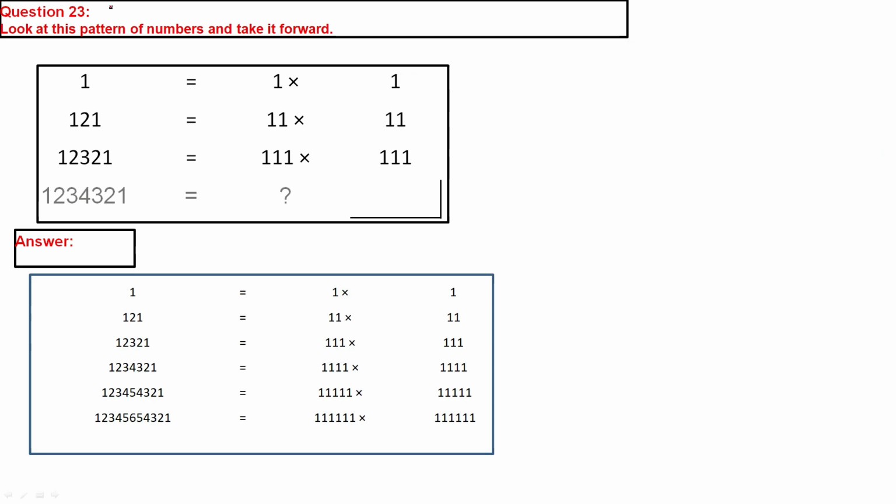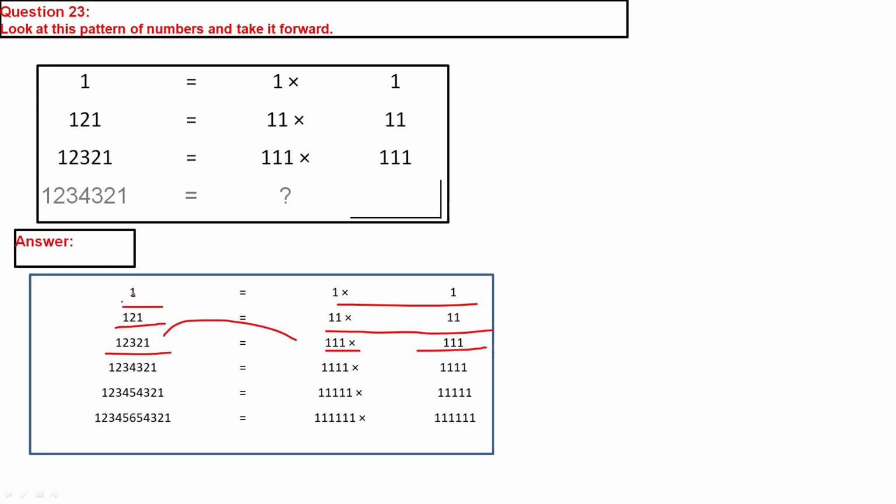Now look at this pattern and you can extend it. 1 multiplied by 1, the answer is 1. 11 multiplied by 11 is 121. Then 1 2 3 2 1. Here you can go on to 111 multiplied by 111, and this answer will come.